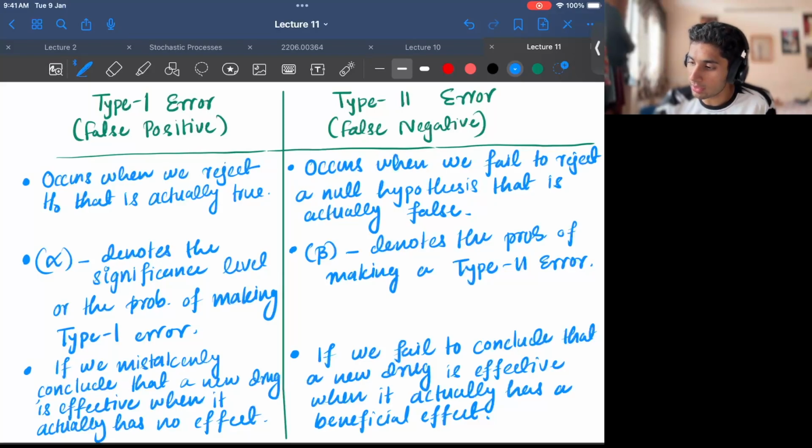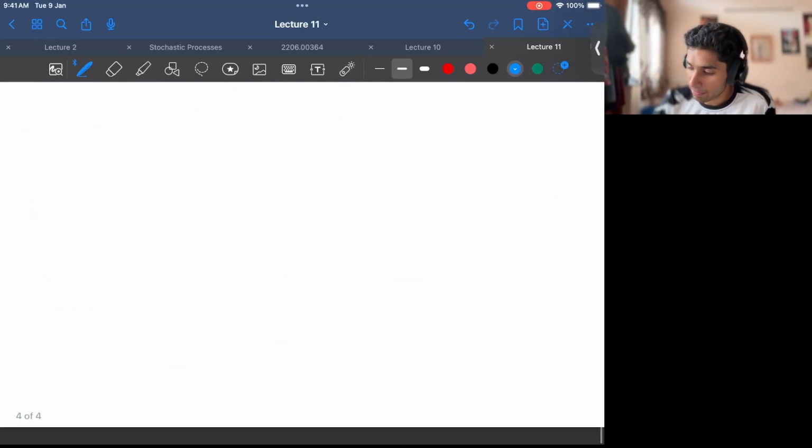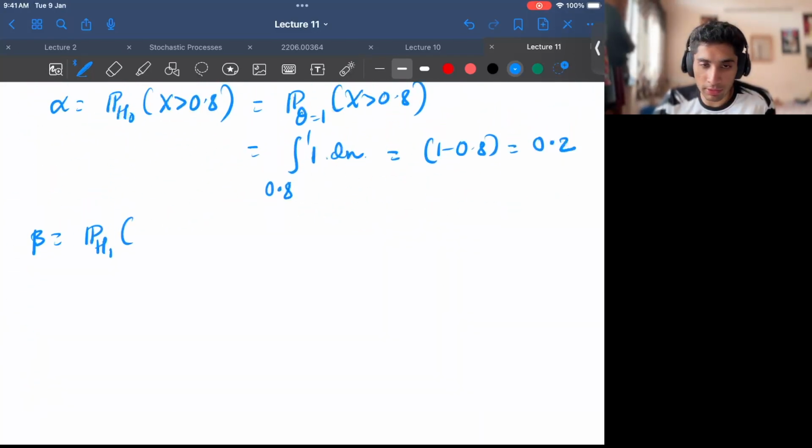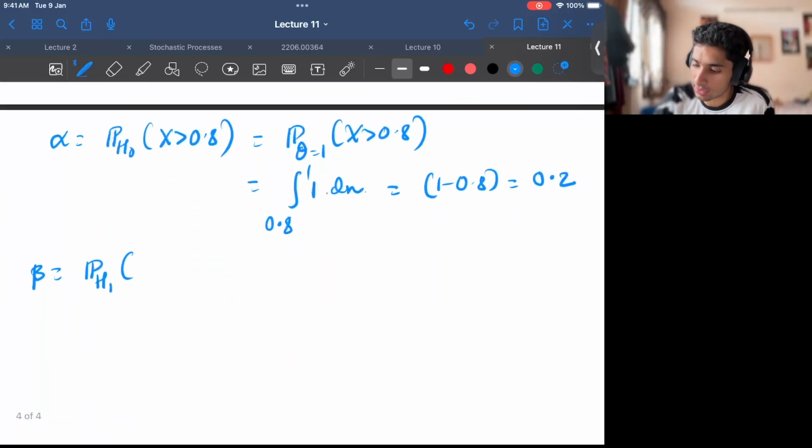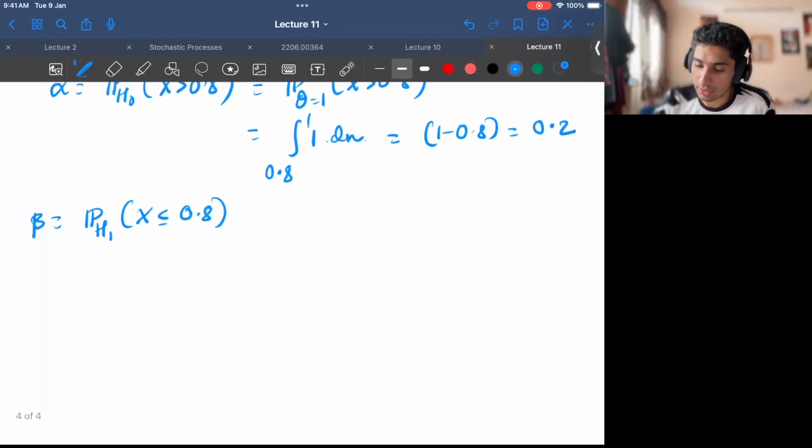It is the probability of failing to reject the null hypothesis that is actually false. If you fail to reject the null hypothesis, that means you are accepting it. And when will you accept the null hypothesis? When this condition is not satisfied, that means if x is less than or equal to 0.8, right?